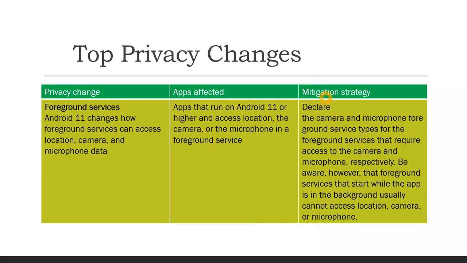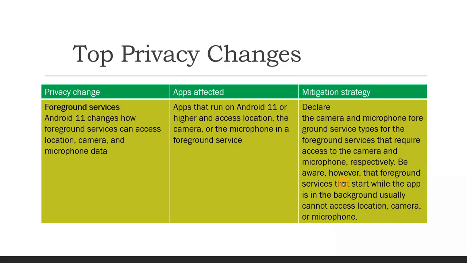If you're trying to use foreground services where you're using location, camera and microphone, you have to make sure your service is declared as a foreground service. Only when your service is in foreground, these three things can be made use of, otherwise they will not.